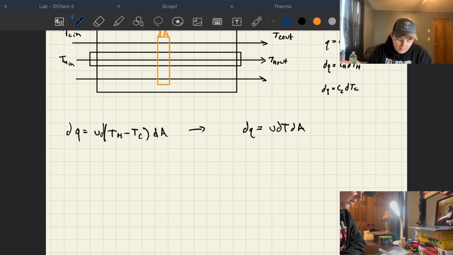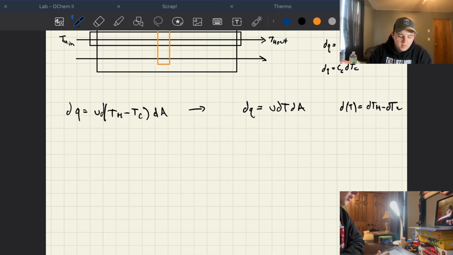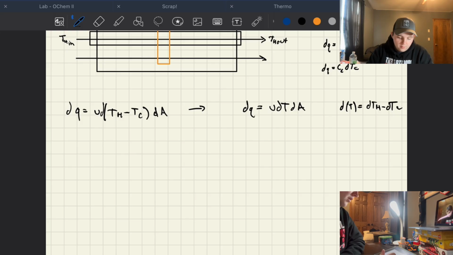And then we know that d delta T is going to be equal to dTH minus dTC. Now we can simply rewrite what we have up here.